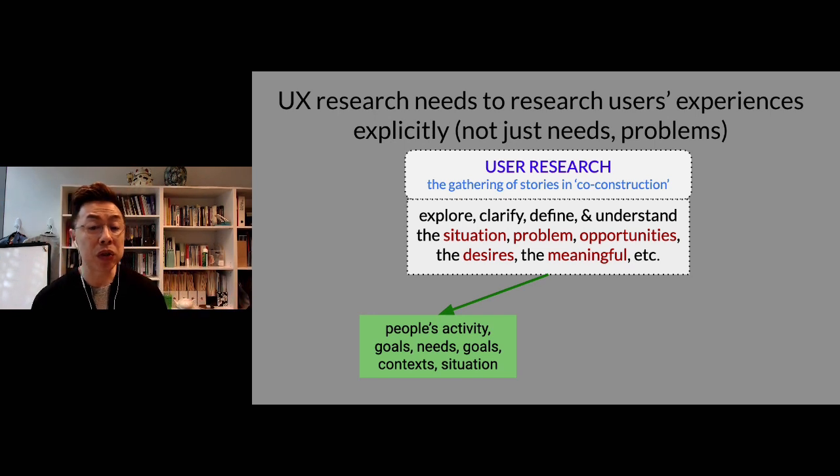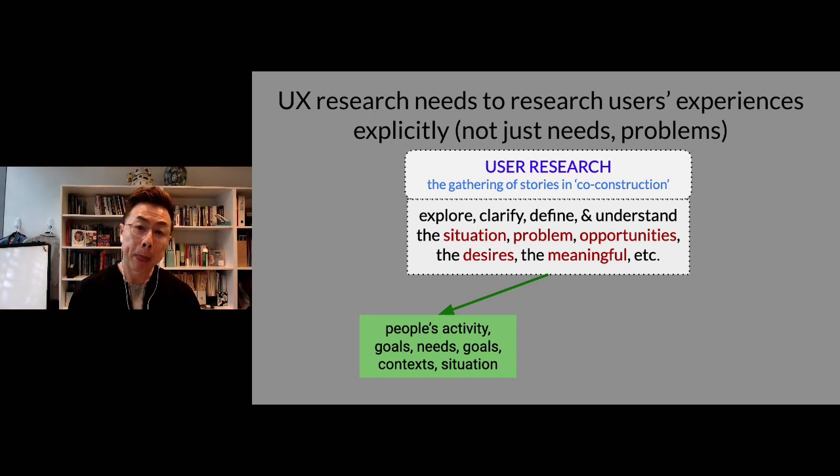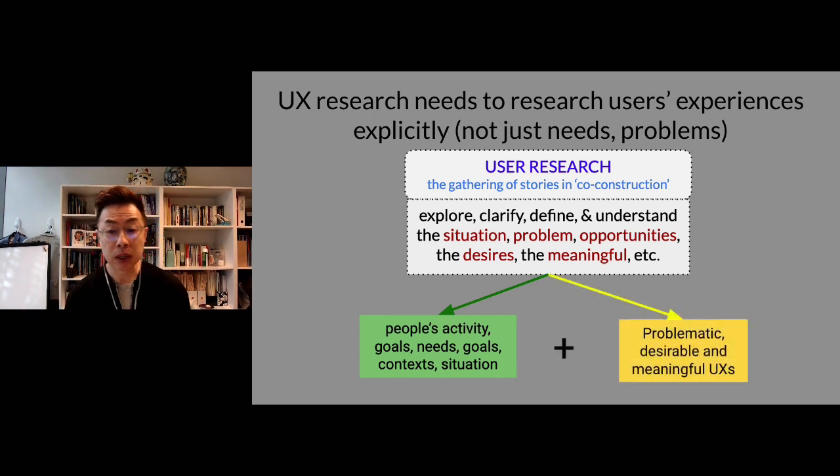But in relation to what they're doing and what their goals are, what their needs and their context are in their situation. We also need to find out what are some of the problematic experiences they have and what they would desire in that situation and what will be meaningful to them.